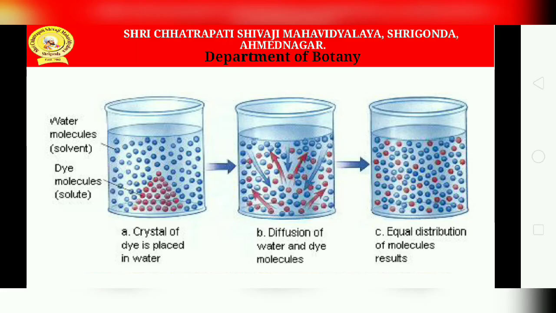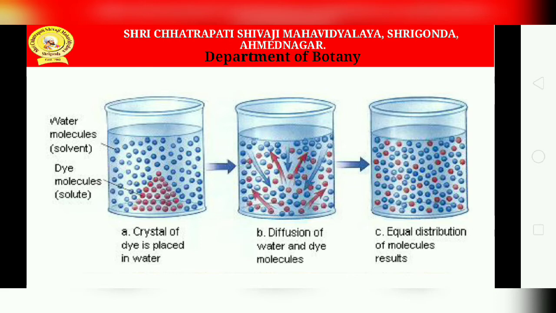Now next, as we discussed in the first slide, water molecules and crystals, or dye, are placed in it. In the first beaker the crystals are concentrated in one area only.